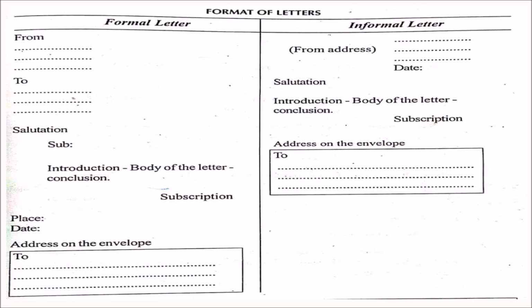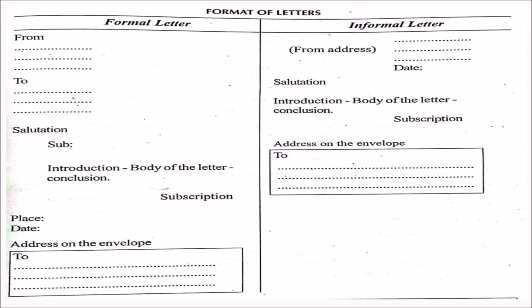Now look at the format of letters, formal letter as well as informal letter. Formal letter, we have from address, to address, salutation, subject, introduction, body of the letter, conclusion, subscription, place, date, address on the envelope.